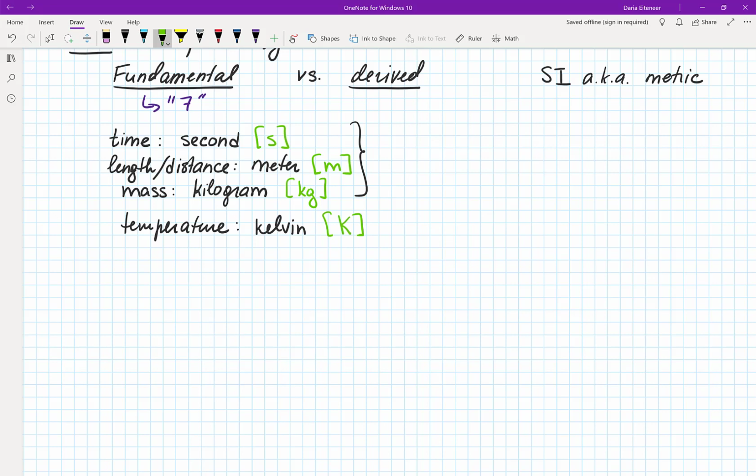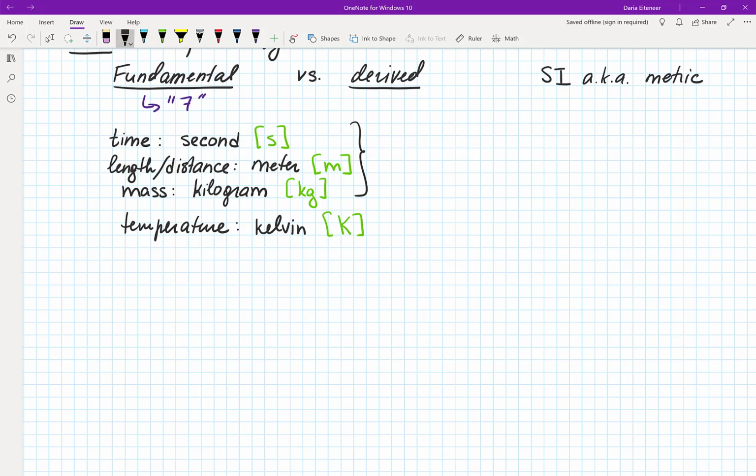The unit named after him is not capitalized, but the abbreviation is a capital K. That's true in a great majority of cases. If we talk about units named after people, and there are a whole lot of them, we'll see quite a few of them in this course. So we usually use an abbreviation with a capital letter, and we write the name of the unit not capitalized. We'll see that too.